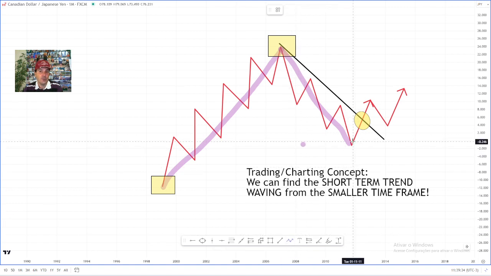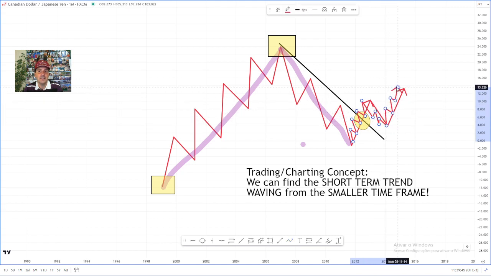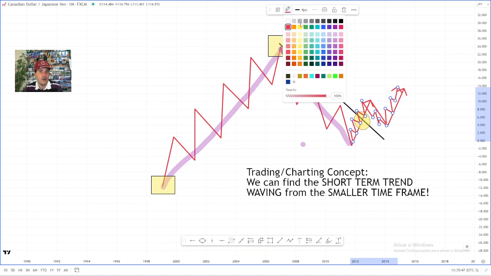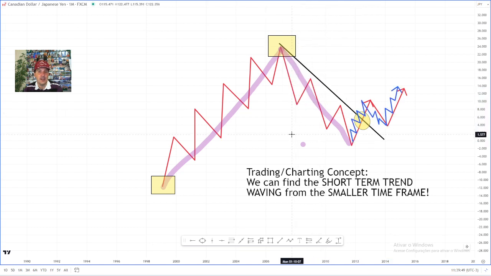The uptrend is going to start with an up extension leg, then go into retracement, and then move to the next extension leg. Wow, right? I didn't know that. See, there is a lot to learn. So the short-term trend has waves exactly in the same way the market waves.